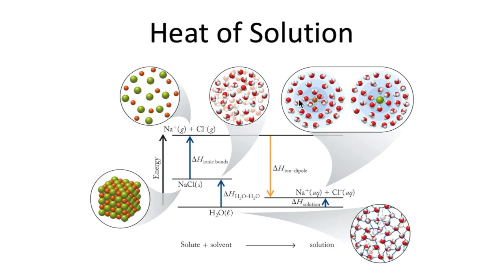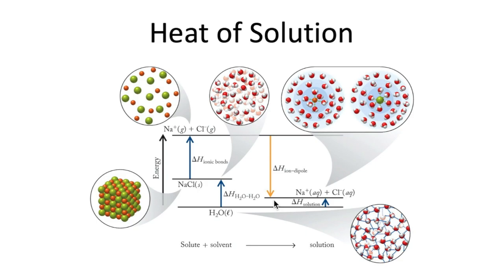But because we're forming these multiple layers, it turns out there's a lot of ion dipole forces. The overall magnitude here is pretty big for those ion dipole forces. And because we're forming those interactions, that's going to be exothermic or release energy.